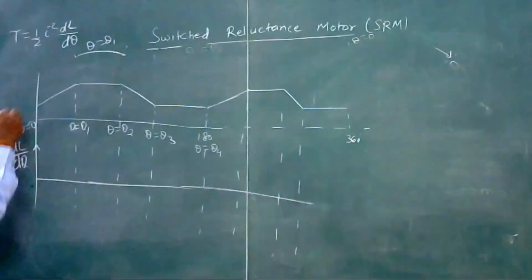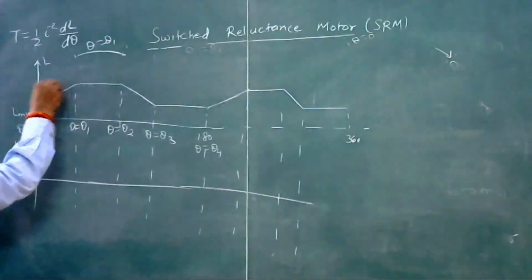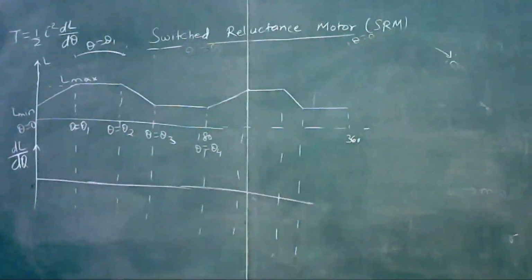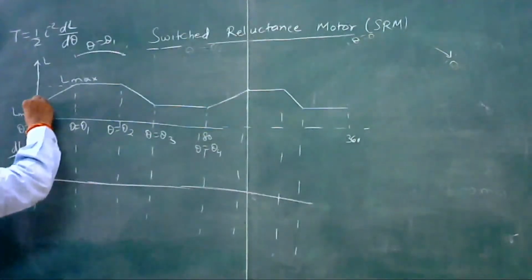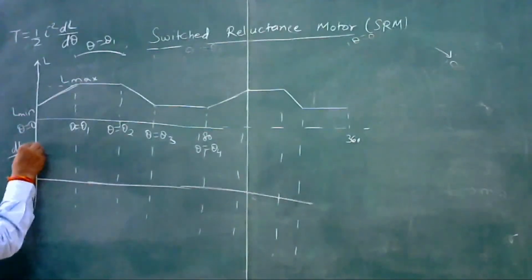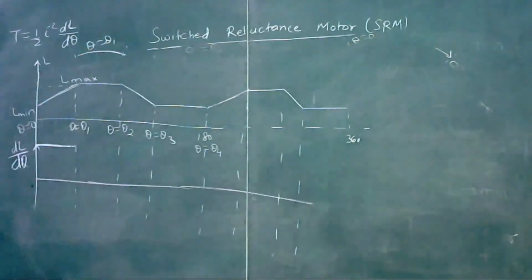So here this is L minimum and it is L maximum. Here inductance is varying linearly, so this dL by d theta will be constant. As it is moving linearly, this will be constant.